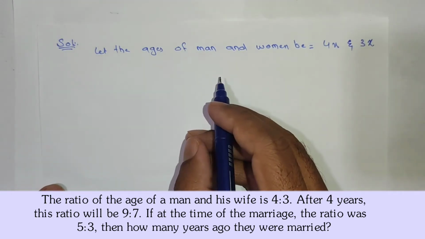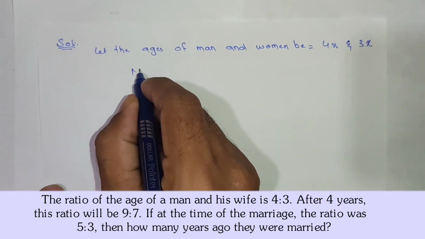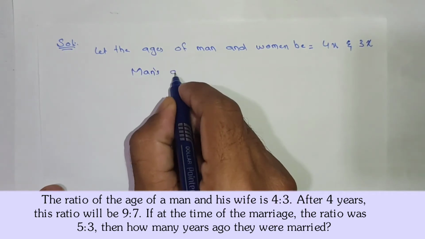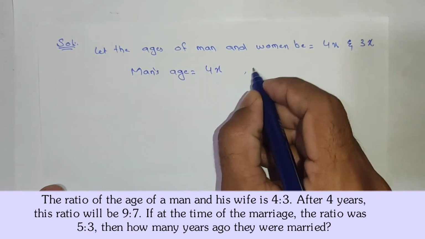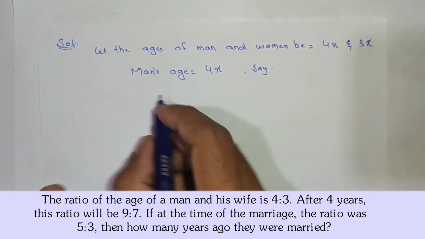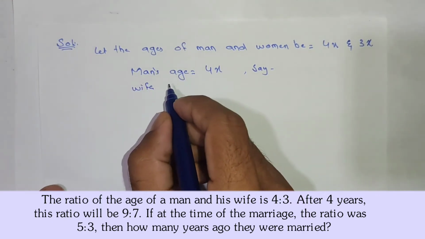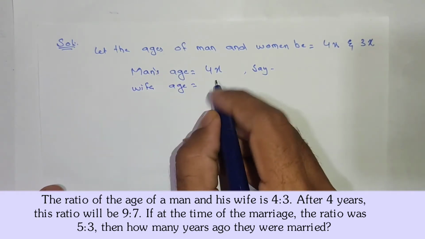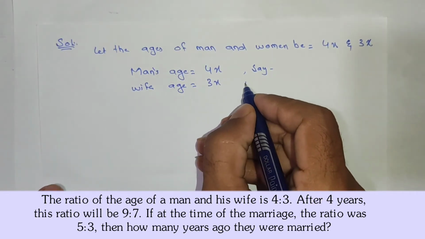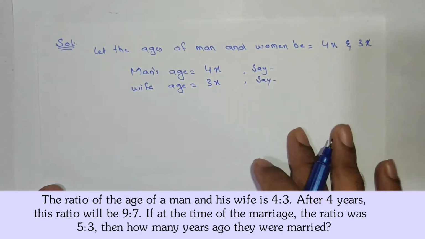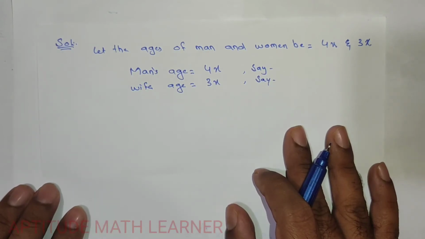So the man's age is equal to 4x, and his wife's age is equal to 3x. So we have supposed. First we have to find their original ages.